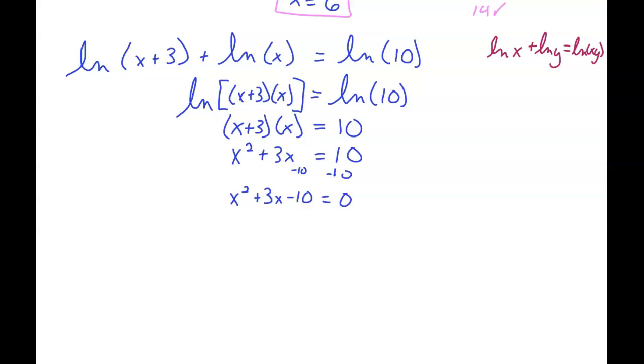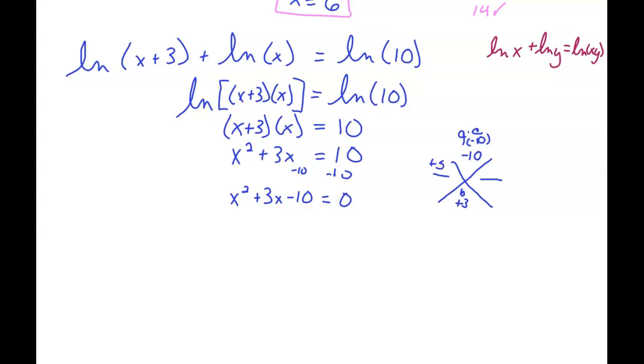And I will factor. Now, some of you may need to go over to the side and do the x method. A times c, so 1 times negative 10 will give you negative 10. And we have our b, which is a positive 3. We need numbers that add up to positive 3 that multiply to give me a negative 10.